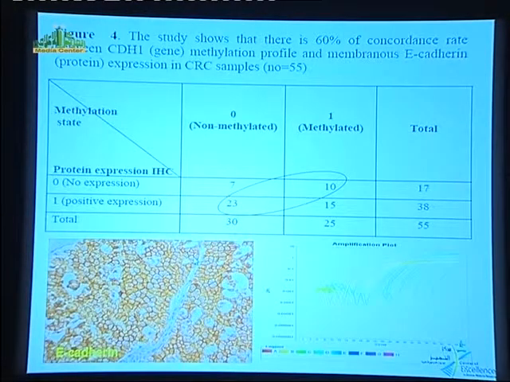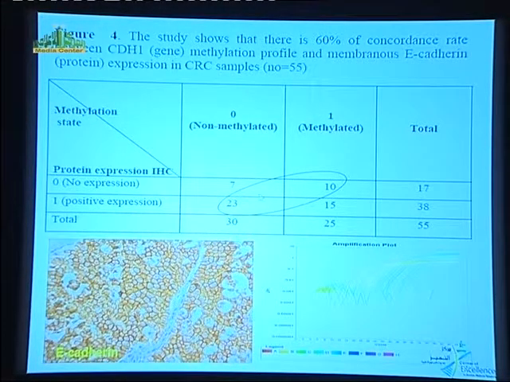It seems that we succeeded. Take, for example, CDH1, which is E-cadherin. This is E-cadherin protein expression by immunohistochemistry, and here is the methylation, and we found concordance between hypermethylation and loss or low expression of the protein. The concordance rate is 60%, which is almost the same as in the literature.